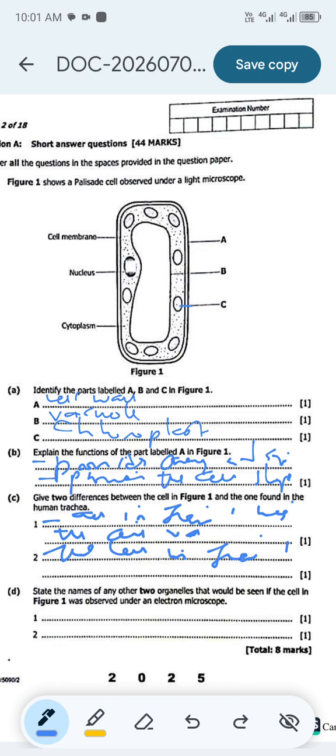So these are the two differences that you can state between the cell in figure 1, the palisade cell, and that of a trachea.